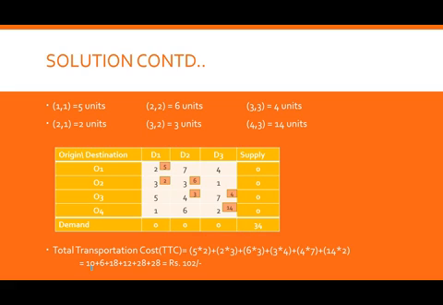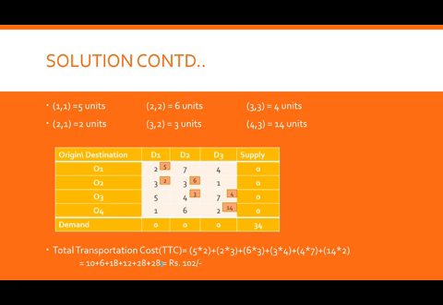5 2s are 10, 2 3s are 6, 6 3s are 18, 3 4s are 12, 4 7s are 28, 14 2s are 28. So 10 plus 6, 16, 16 plus 18, 34, 34 plus 12, 46.